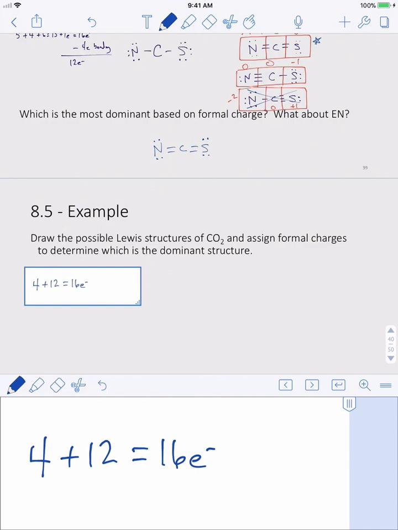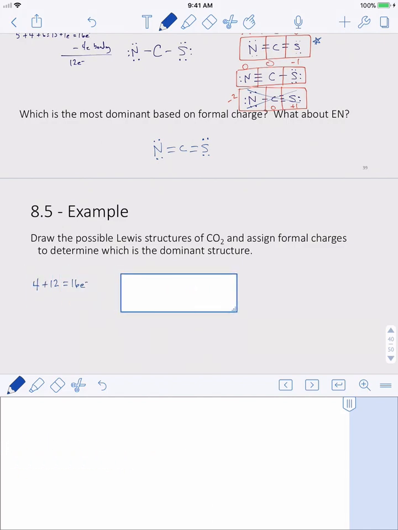All right, now we want to draw the skeleton structure. Skeleton structure. We're going to put carbon in the center, oxygen on either side.